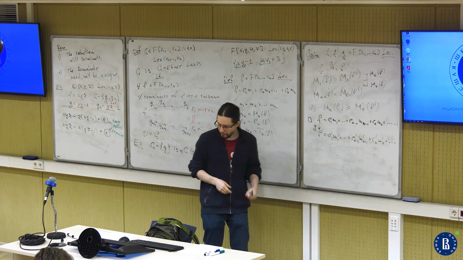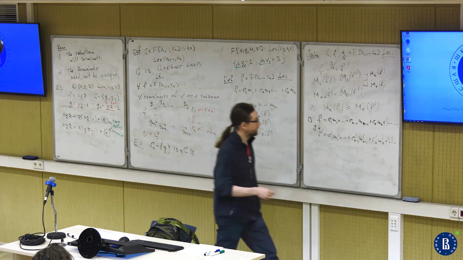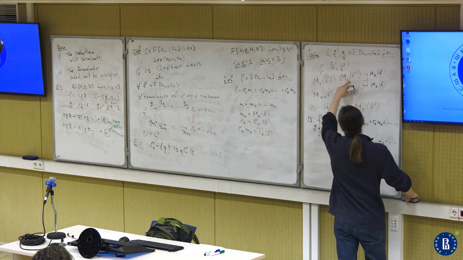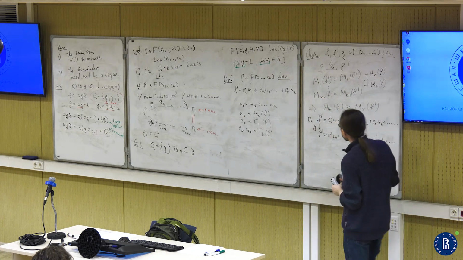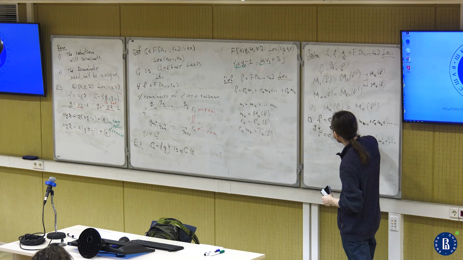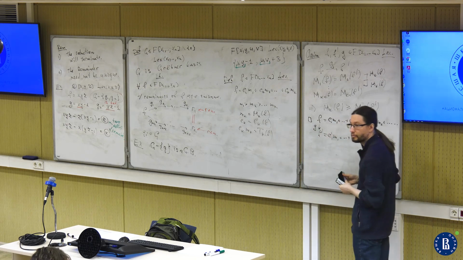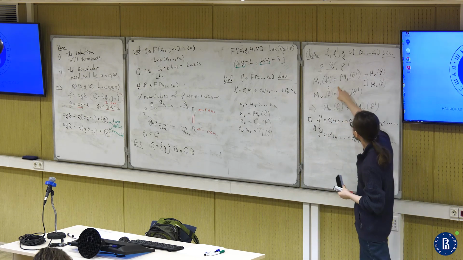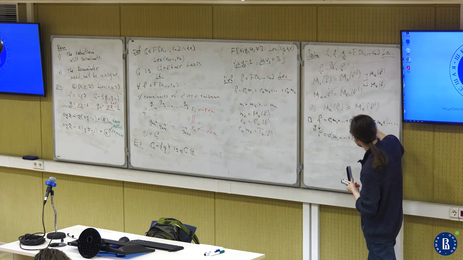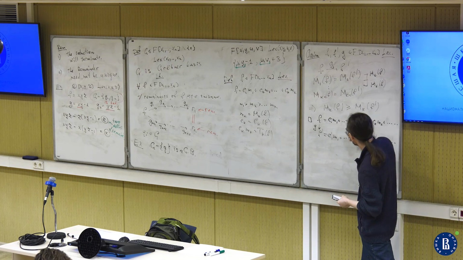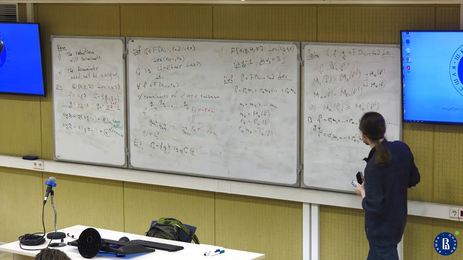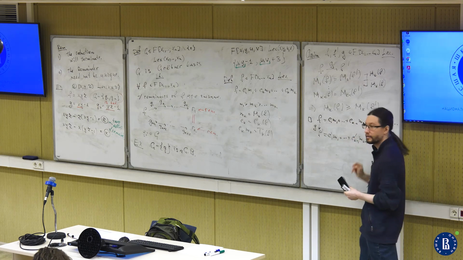Now, what this says is that the leading monomial of f is the same as the leading monomial of f prime. So we can erase the prime here. Now, all these equalities mean that the monomials with numbers from 1 to k minus 1 are exactly the same.